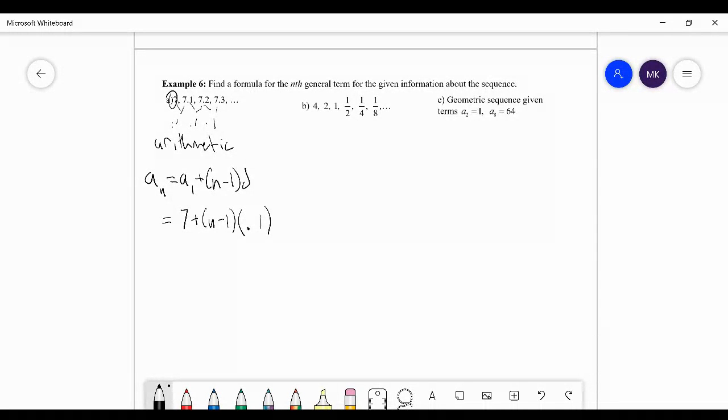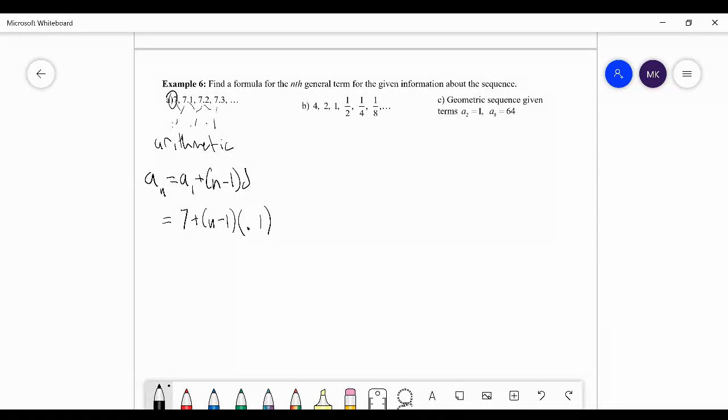So I look at my next one and I see, okay, from the first to the second, I subtract 2, then subtract 1. Those aren't the same, so that's definitely not arithmetic. But maybe it's geometric.